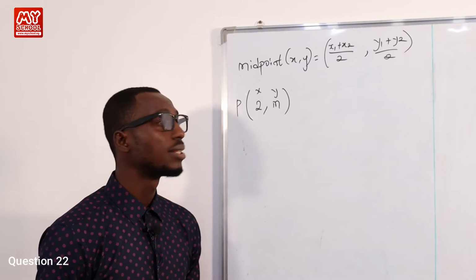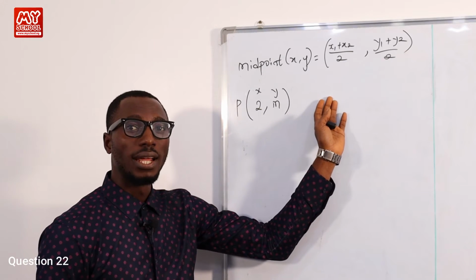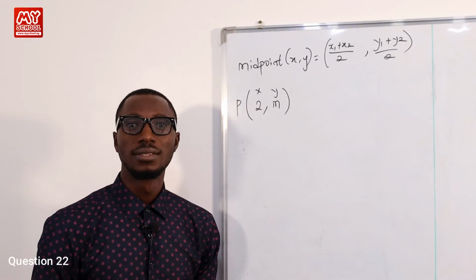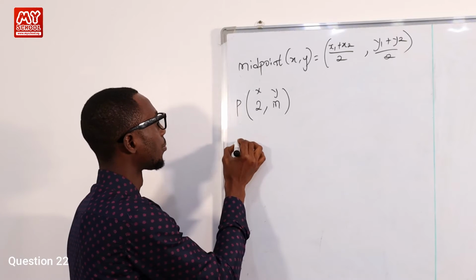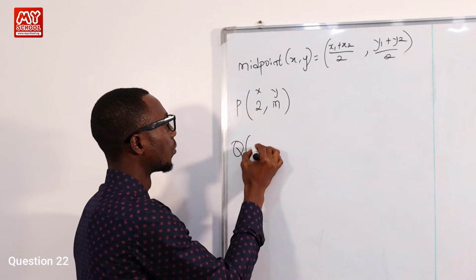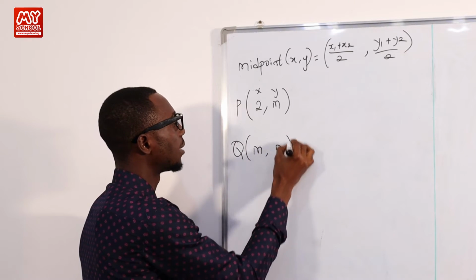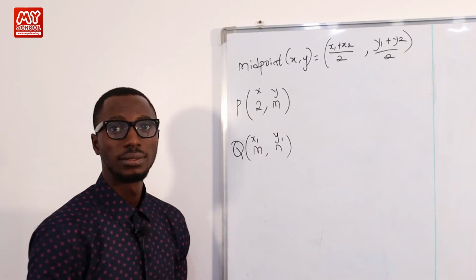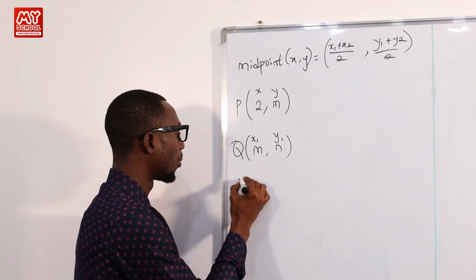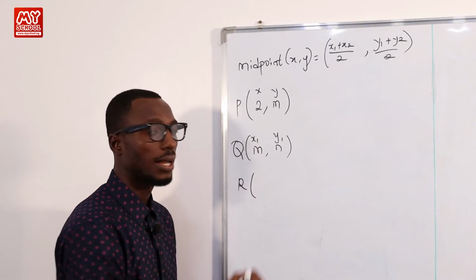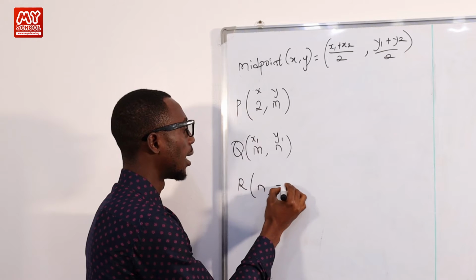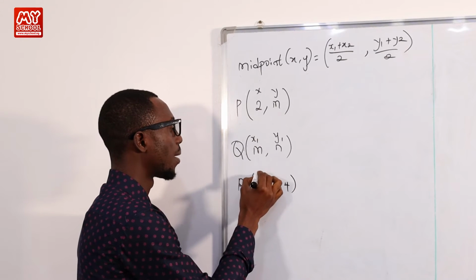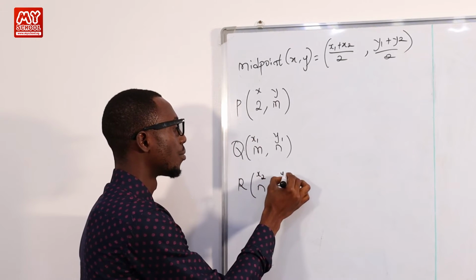For the other points, we have point Q with values of m and n, x1, y1. The next point R, we have the values n and minus 4, which represent x2, y2.